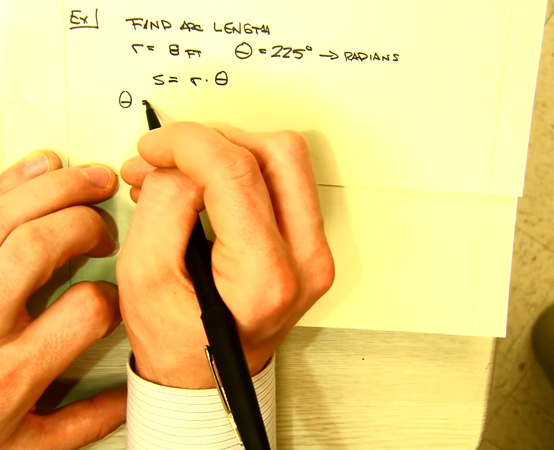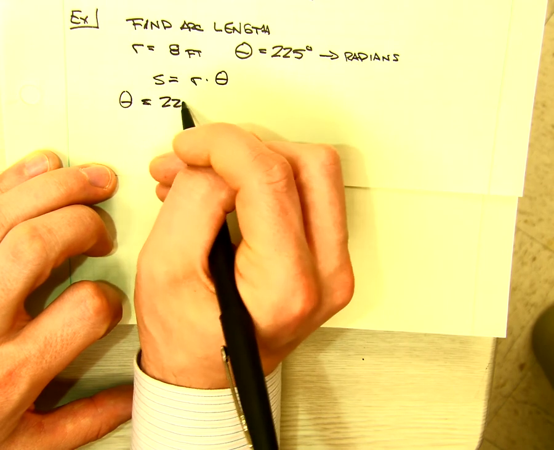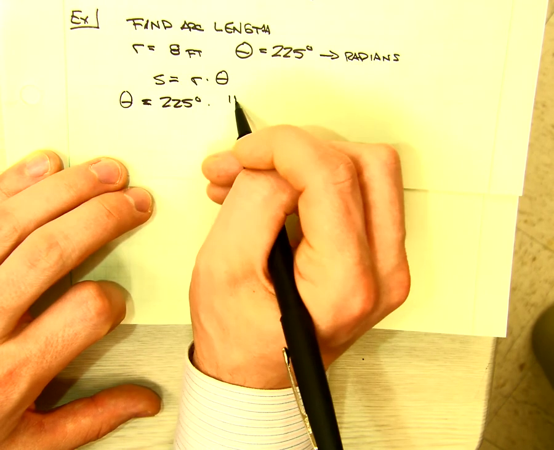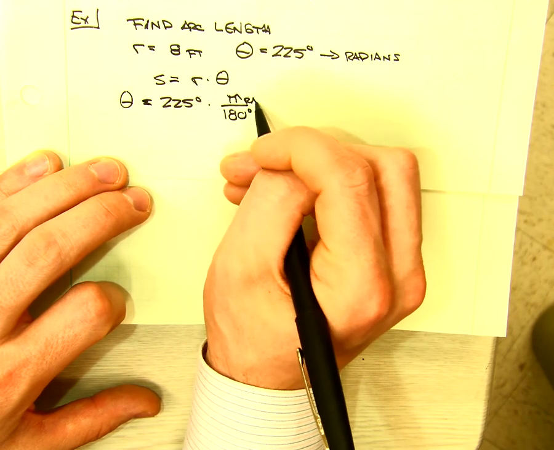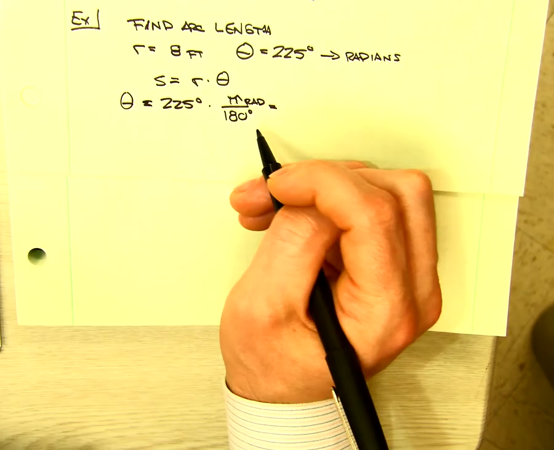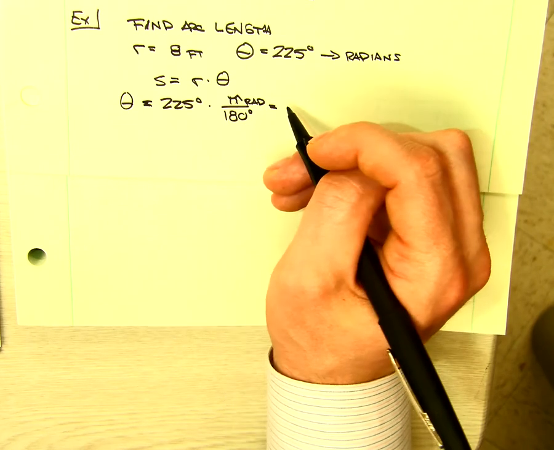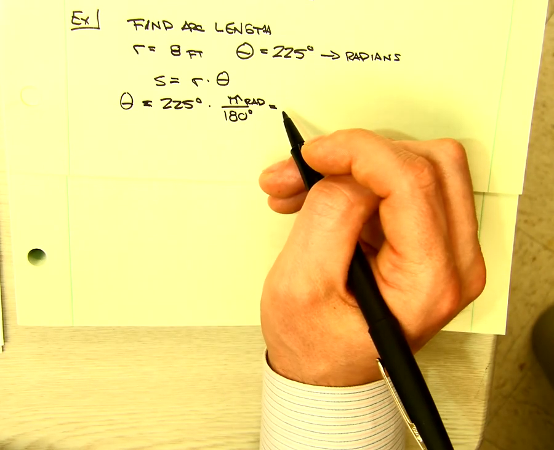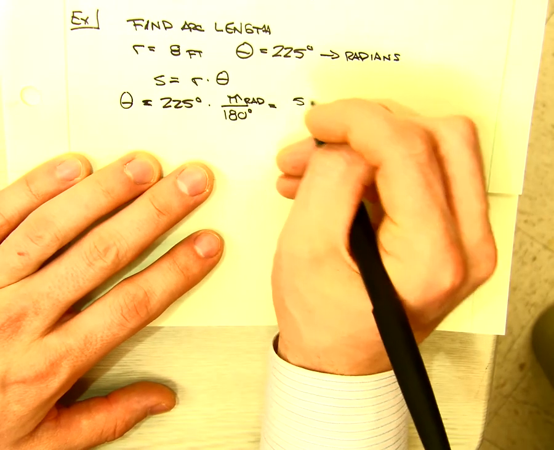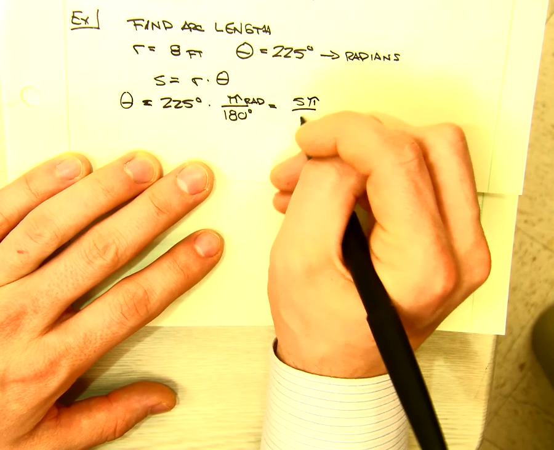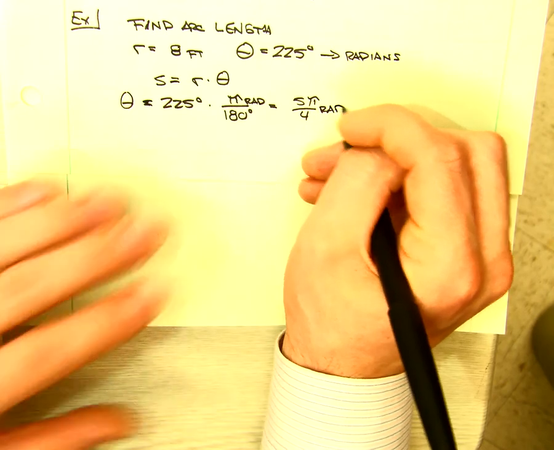So I can say theta is going to be equal to 225 degrees times, once again doing my conversion, pi over 180 degrees rad. And I can figure out that this is going to be equal to 5 pi divided by 4 rad.